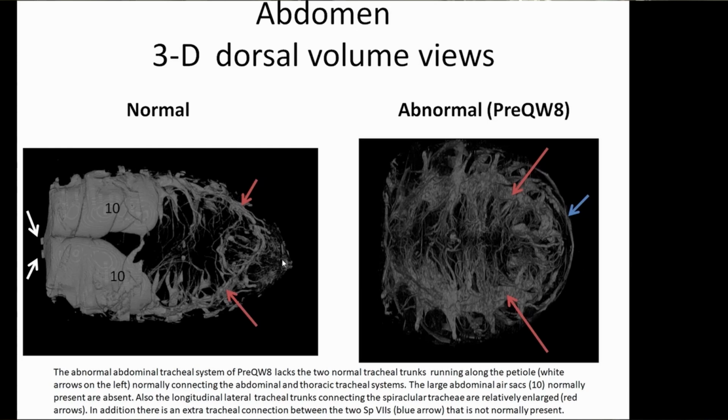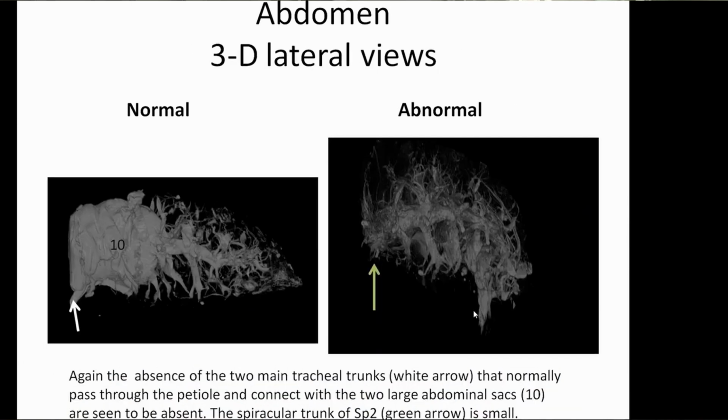I'm reminding you that spiracle 8 is actually inside the wasp's sting recess, so this is highly abnormal. Seen from the side, again, no petiolar vessel, so really no air communication between the abdomen and the thorax.